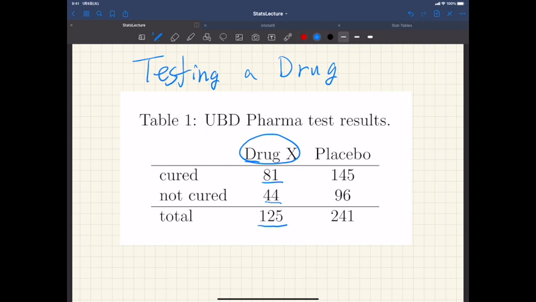To do so, we compare this result with a control experiment. The control experiment is done by using a placebo. A placebo is a fake drug, so to speak. It doesn't have any effects on the patients. It just mimics a drug. It looks like a drug, but it doesn't do anything.